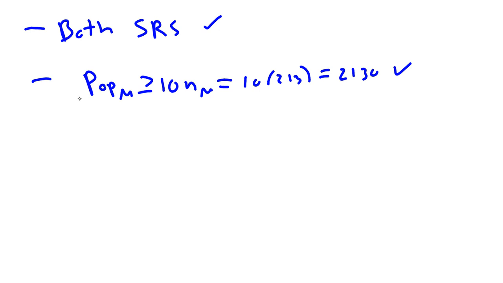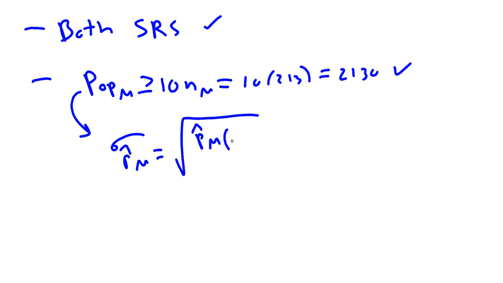And then, because of this, usually we can state a standard deviation. So what you can do here is say the standard deviation of p hat sub men would be the square root of p hat sub men times 1 minus p hat sub men over n sub men.